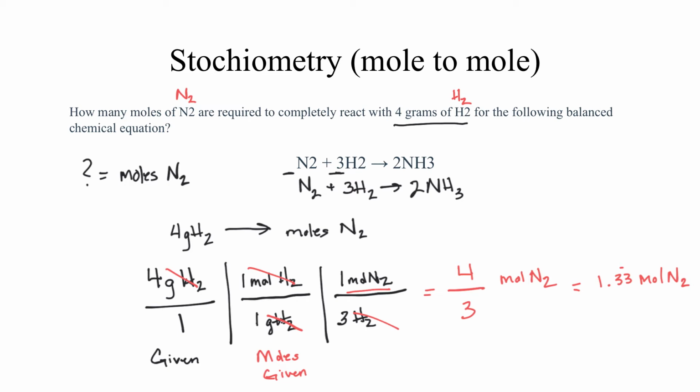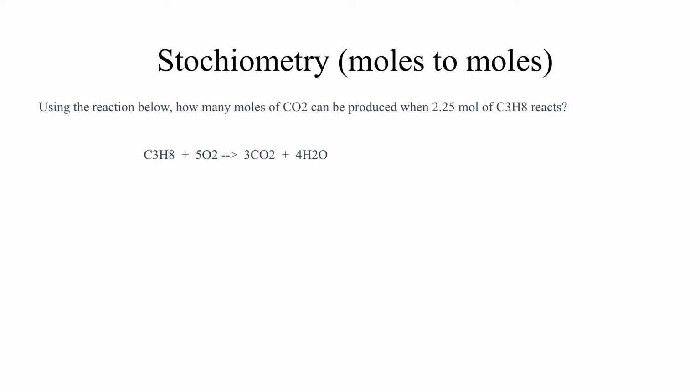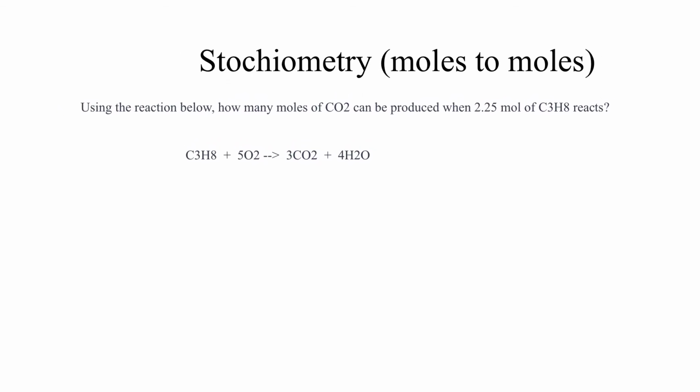Okay, so let's do another one. This one is moles to moles. All right, it says using the reaction below, how many moles of CO2 can be produced when 2.25 moles of C3H8 react?